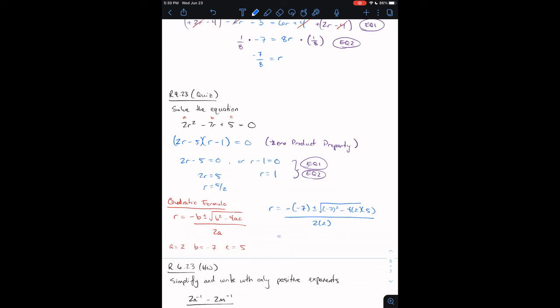Now this is equal to, so negative -7 is positive 7. On the inside of this, we have 49 minus 40. And then this is all over 4. I might have to make some room here.